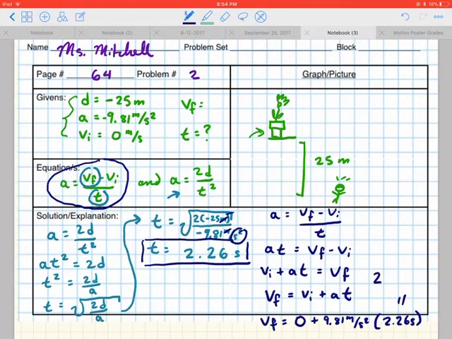I have a final velocity, that's a huge final velocity of 22.17 meters per second, so that's going to hurt. He has 2 seconds to move out of the way once he sees it, because that's a pretty big flower pot. And hopefully that was helpful.